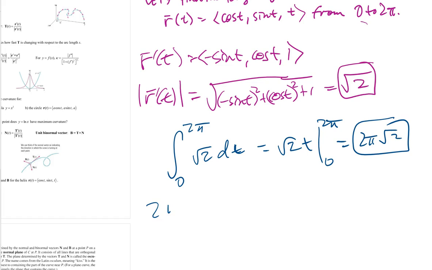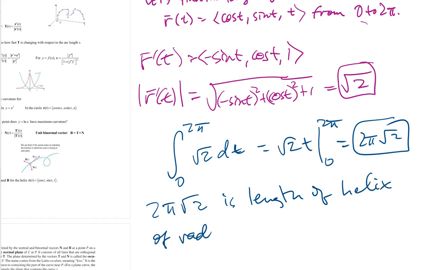So 2 pi root 2 is the length of the helix of radius 1 from 0 to 2 pi.